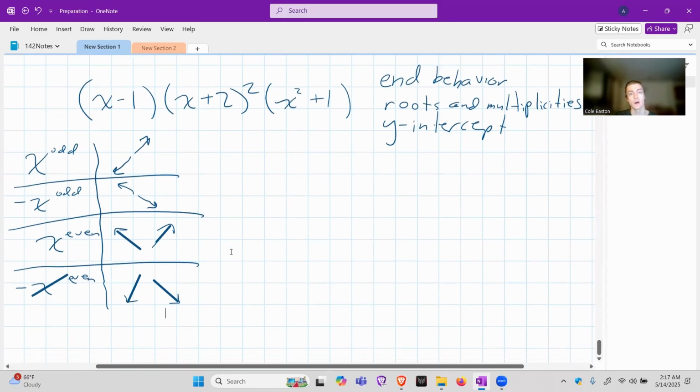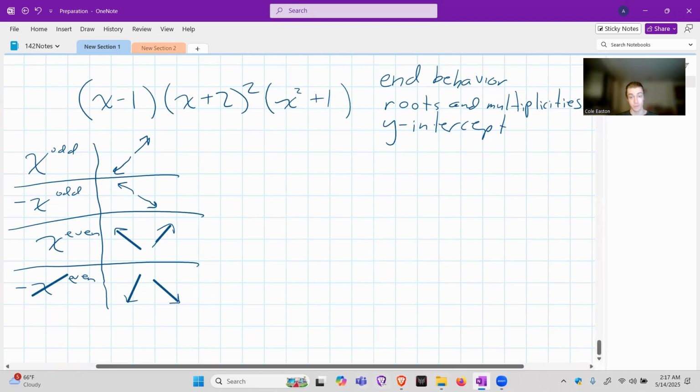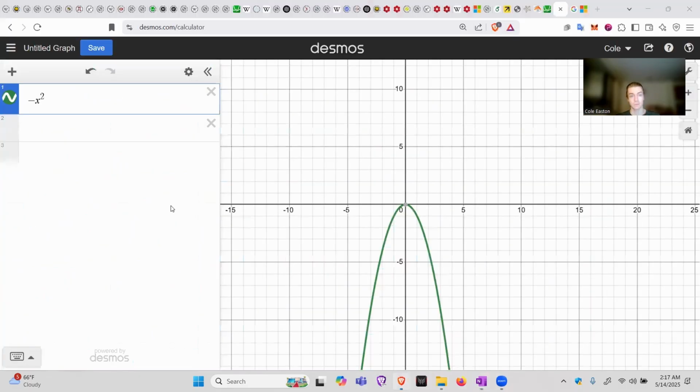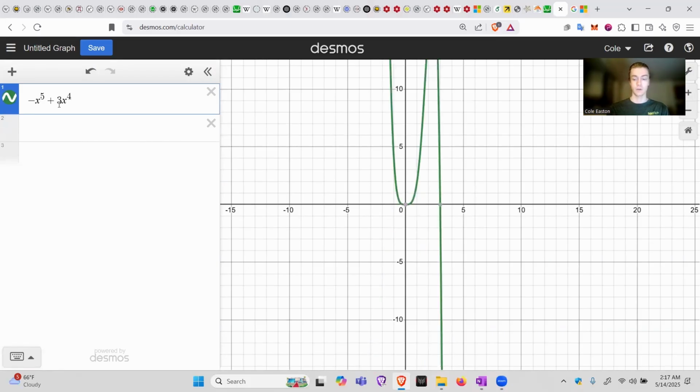Okay. So now this depends on the overall function when we multiply it out. Most of the time, we're not going to have a simple function that's just x to some power. We're going to have something bigger, like negative x to the 5th plus 3x to the 4th minus 2x plus 7.